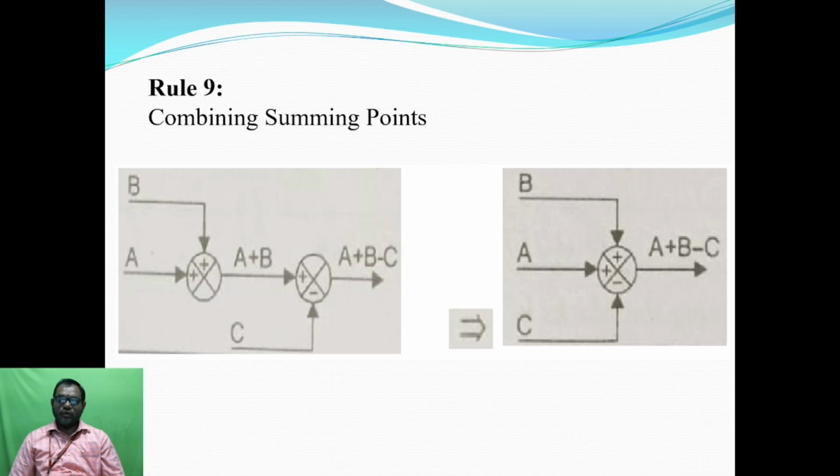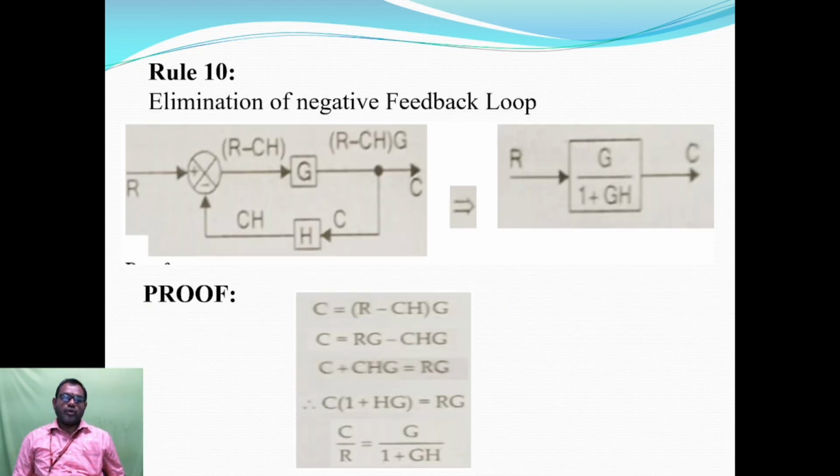The output is equal to A plus B minus C. So this is the combining of summing points, rule number 9. Next we will discuss rule number 10.